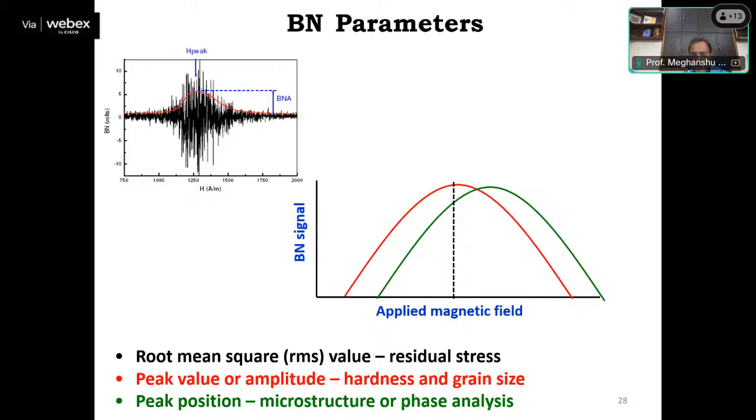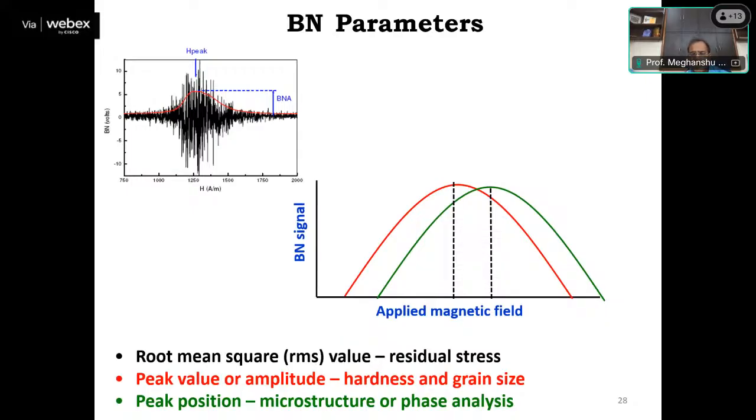This red color indicates the curve that we will obtain from a component or manufactured product that has more martensite, and the other color indicates the component that has more ferrite. So by comparing this peak position on the x-axis, we can easily identify the microstructure or phase of the component.